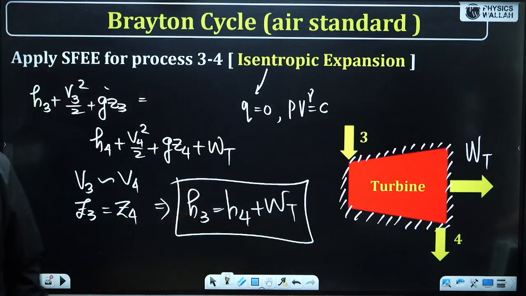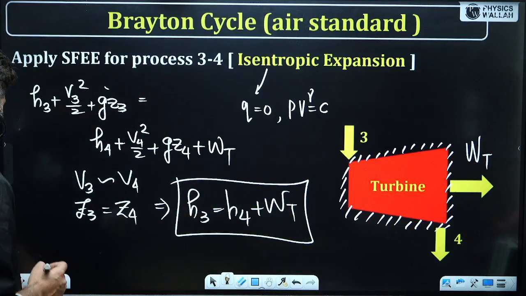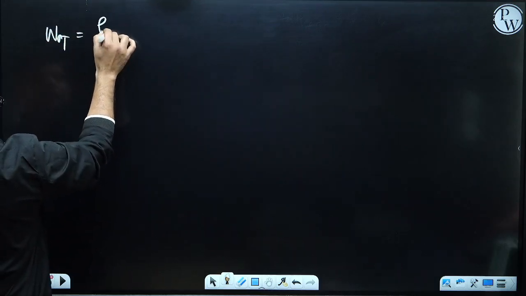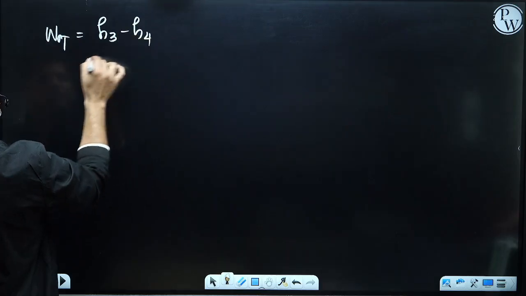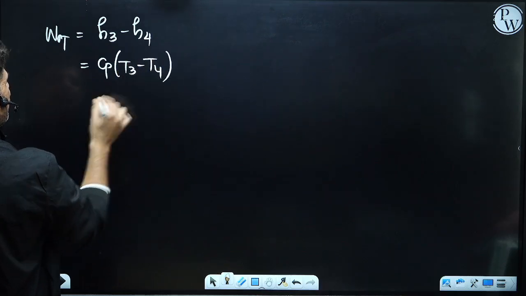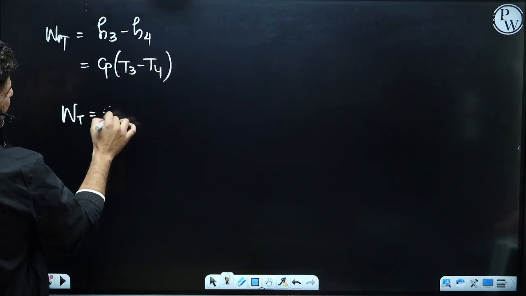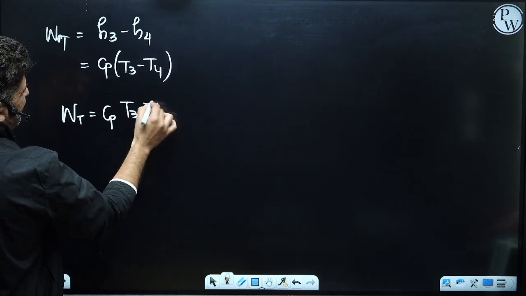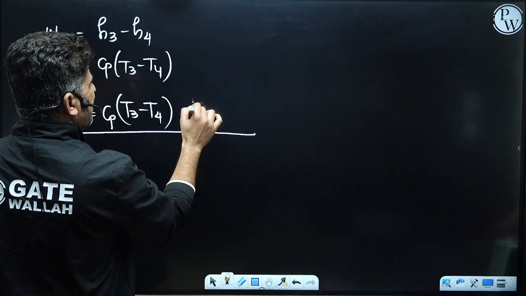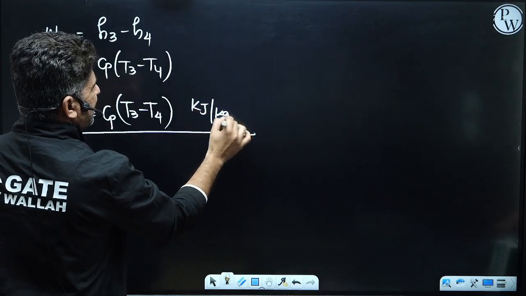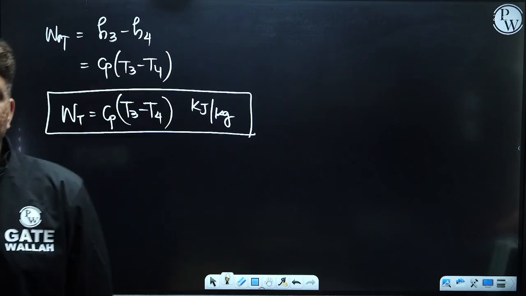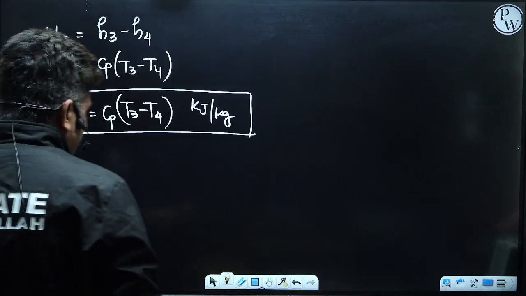And now we can write work of turbine from here. So work of turbine will be equal to H3 minus H4. This can be written as Cp into T3 minus T4. So the work developed by turbine is Cp T3 minus T4, and this work will be kilojoule per kg of the gas movement.